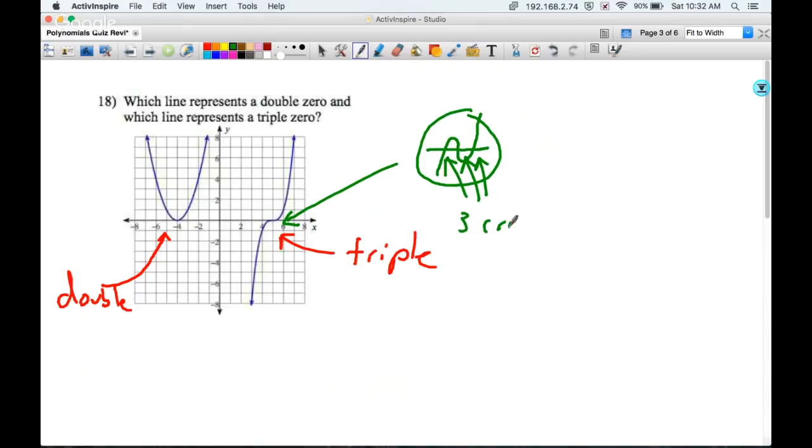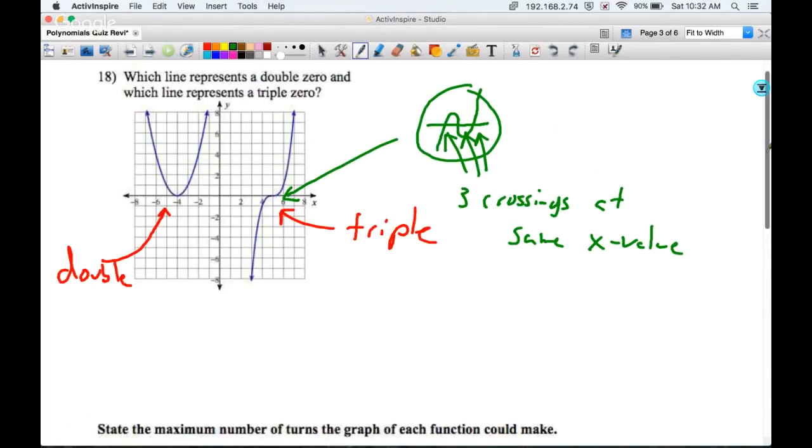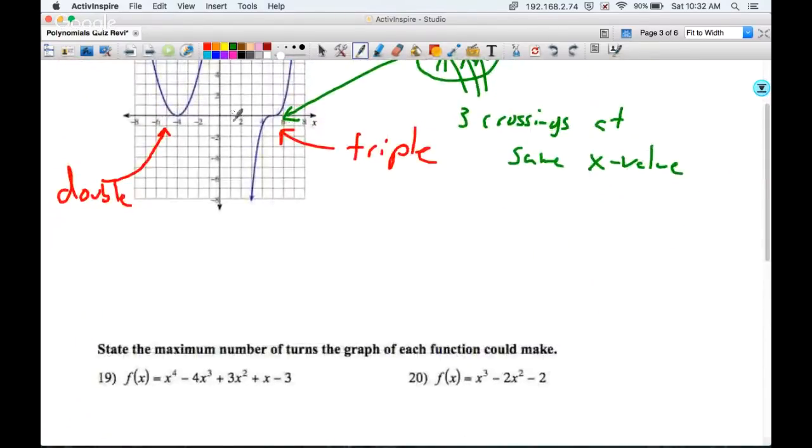So 3 crossings at same x value. So kind of weird to think about. They can be crossing 3 times at the same point, but it makes our fundamental theorem of algebra work if we call that a triple 0. Also, that's called a point of inflection. Maybe there'll be an extra credit question about that.